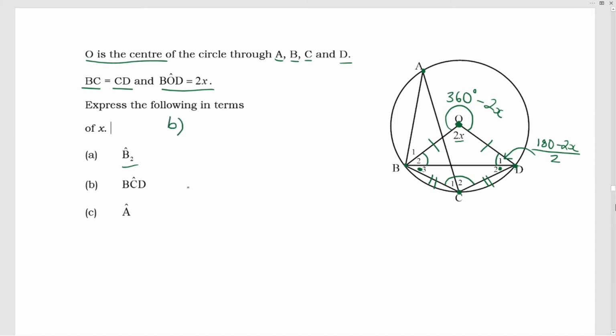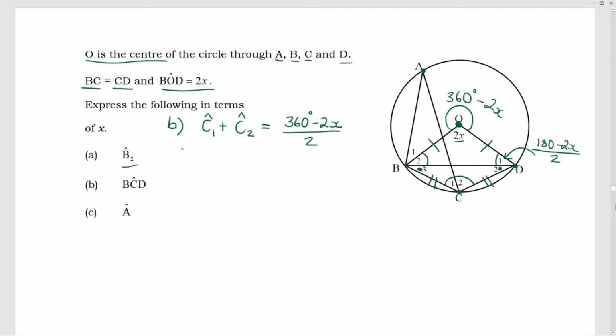The next thing is to calculate angle BCD, which is actually C1 plus C2. So I'm going to translate it to what is on the diagram. That's easy to see. Right, what will they equal? They will equal a half of the reflex angle by O. Okay, so they're going to equal that 360 minus 2x divided by 2.